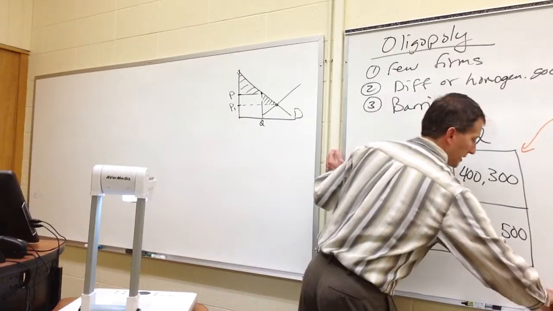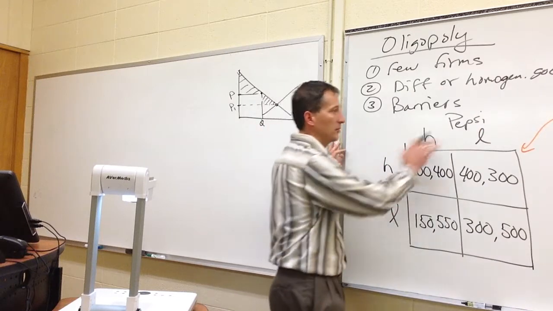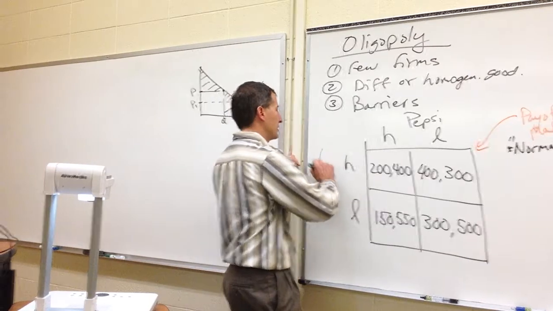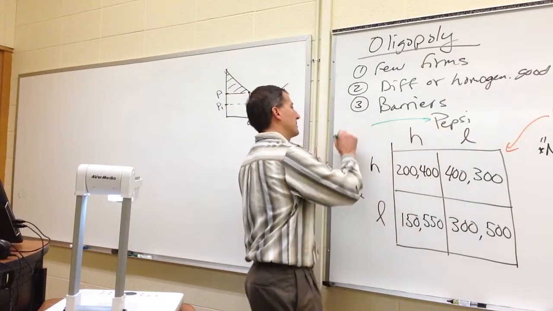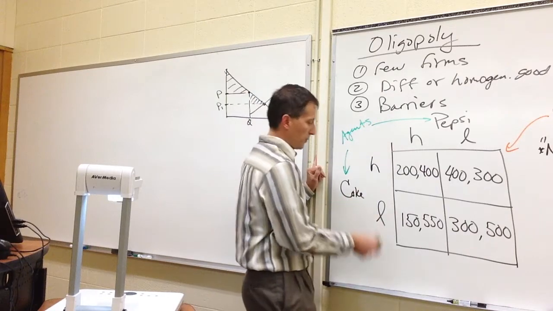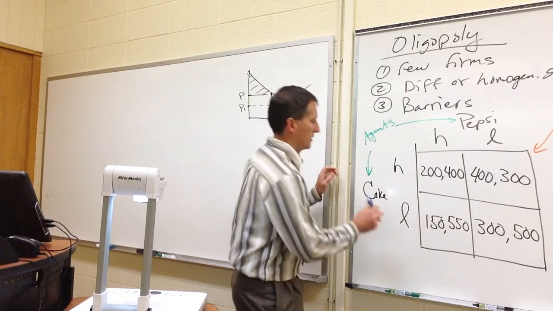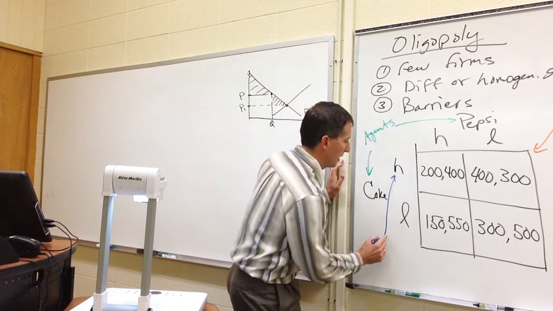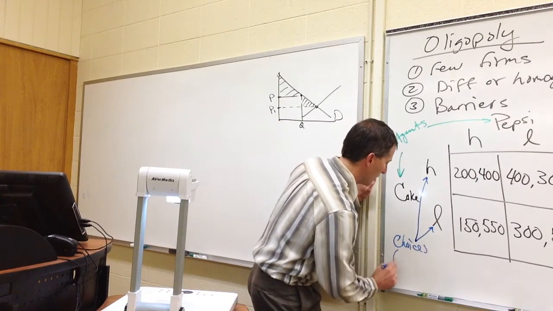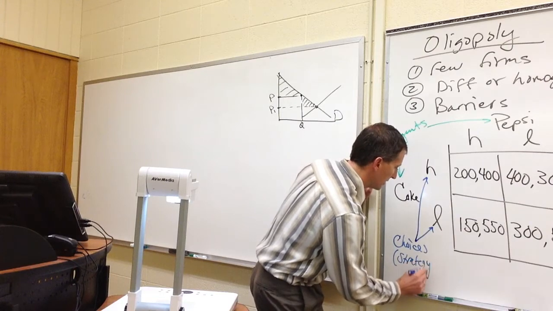And we call it the payoff matrix because it shows the payoff from all possible permutations of choices that could be made. We've got the agents here, Coke and Pepsi. These are our economic agents. Each one of these agents is making some choices. So high and low advertising budget are the choices or strategies, the strategy combinations.